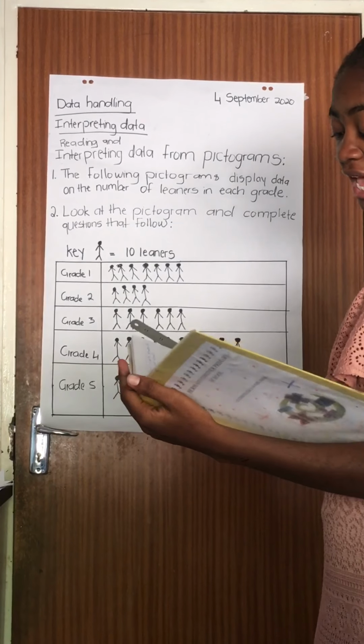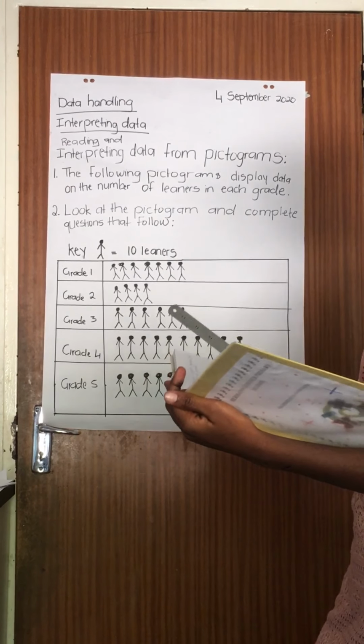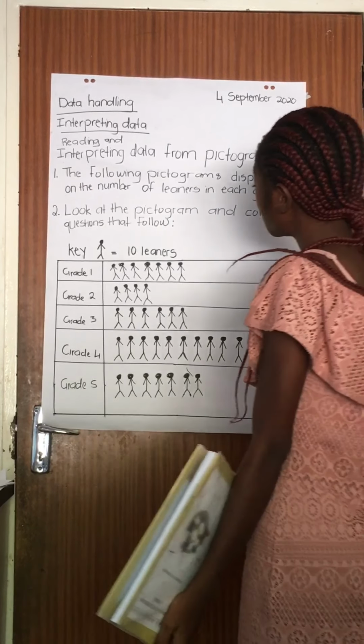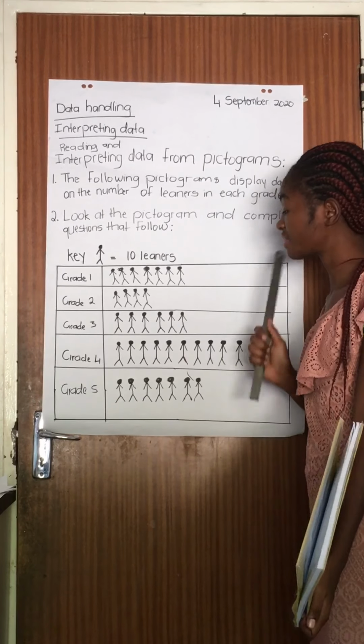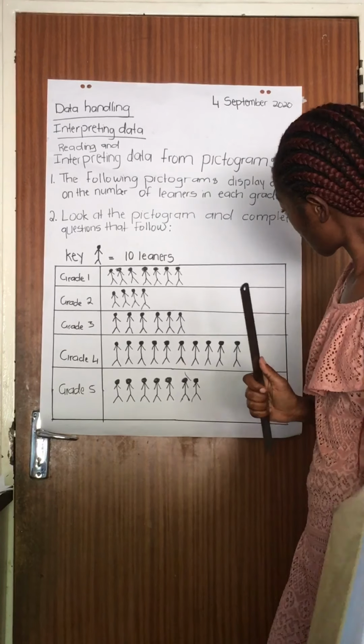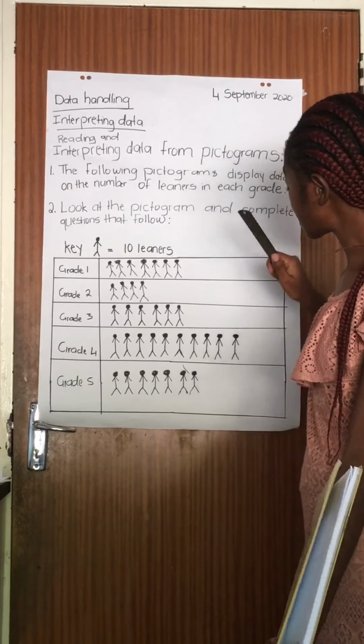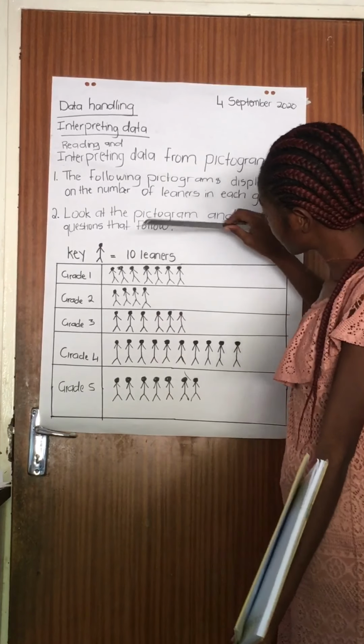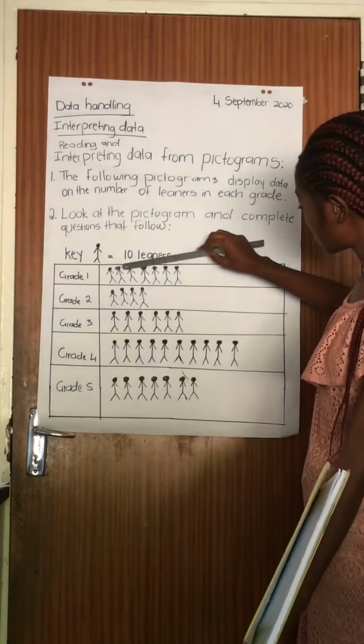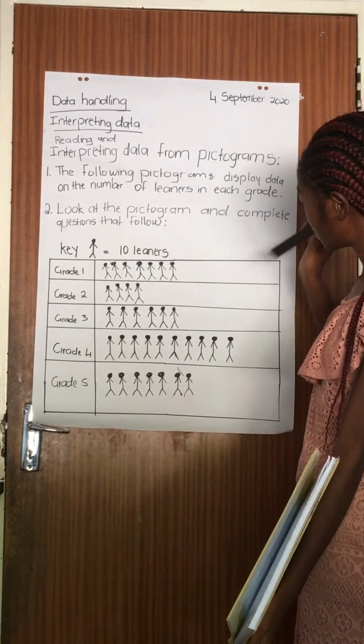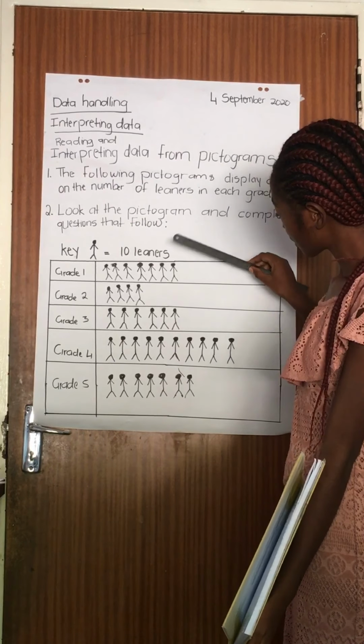Next, which grades have the same number of learners? Here they are asking which two grades have the same number of learners. So we are going to count the number of learners in each class. Grade 1 has 1, 2, 3, 4, 5, 6, 7, which makes 70.